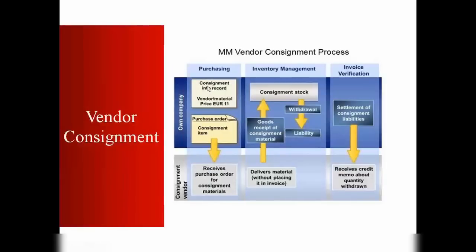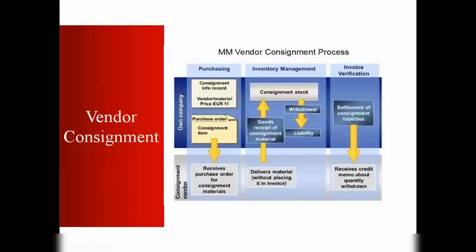You can see here 3 boxes again: purchasing, inventory, invoice verification. In purchasing, we create a consignment record. We'll talk about this record later on. We can also create a purchase order for a consignment item.